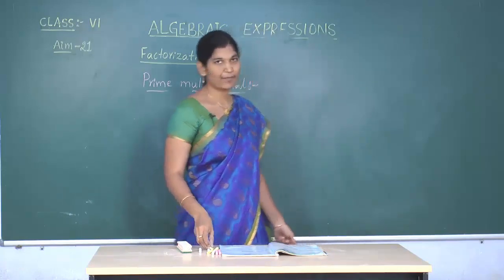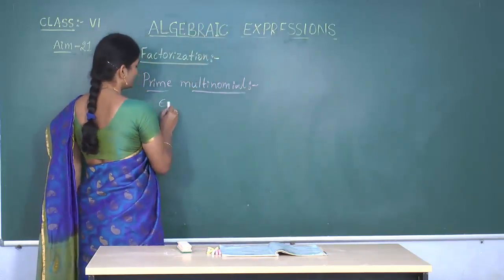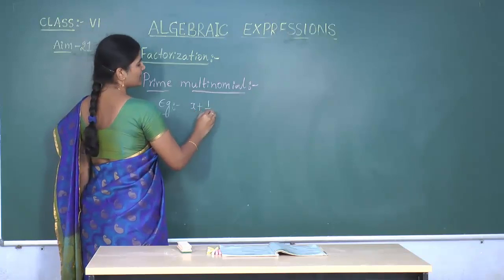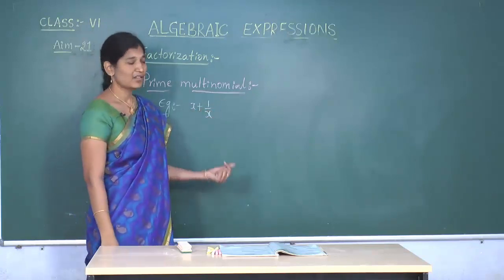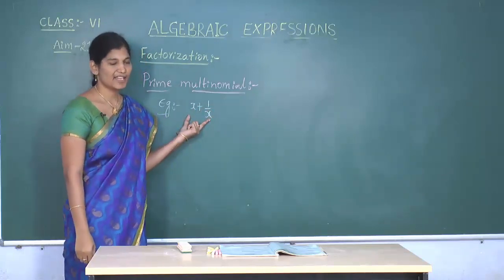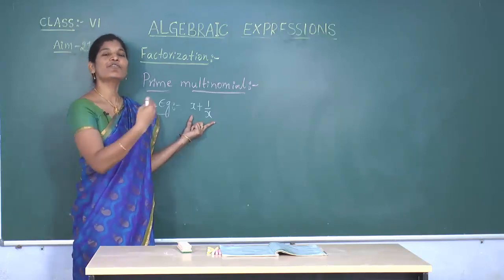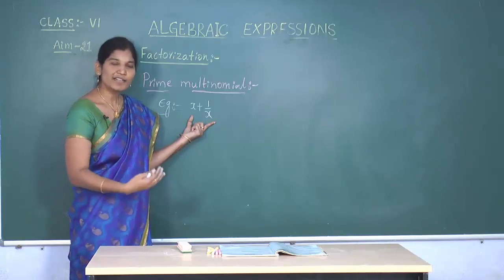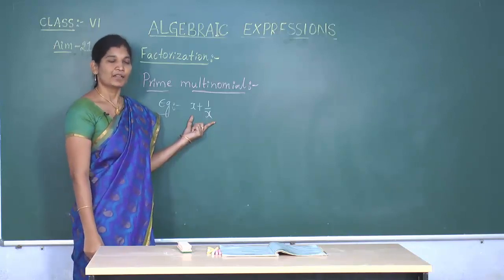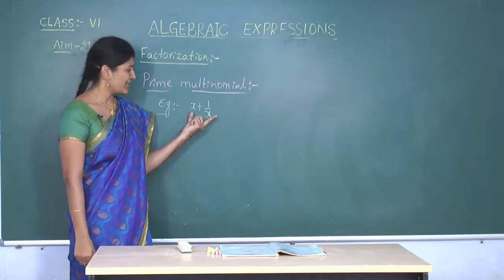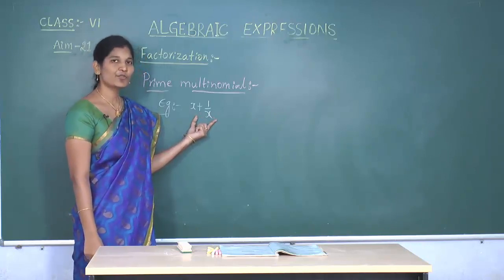Let me take one example. x plus 1 by x. It is a multinomial, right? Yes, it is. And can you factorize it by any one of the methods we discussed previously: taking out a common factor, the grouping method, the difference of two squares?